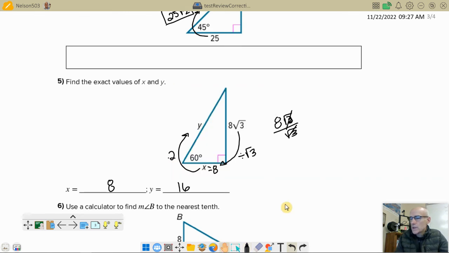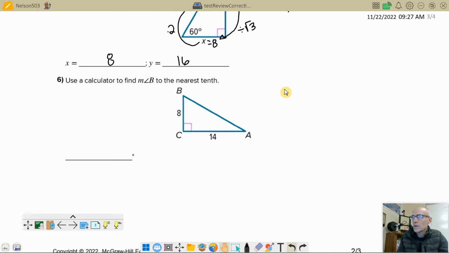On number 6, it says use a calculator to find angle B. So B is right there, right? So 14 is the opposite leg, and 8 is the adjacent leg. So I'm going to use inverse tangent of 14 divided by 8.